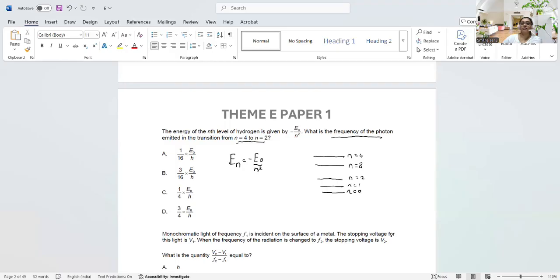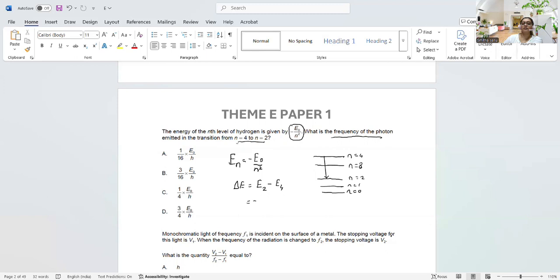So when an electron jumps from level 4 to level 2, what you do is the energy difference, delta E, is always final energy level, which is level 2, minus energy level 4. It's final minus initial. To get the energy at a particular state, you just plug in minus E0 over n square, where n is 2 in this case.